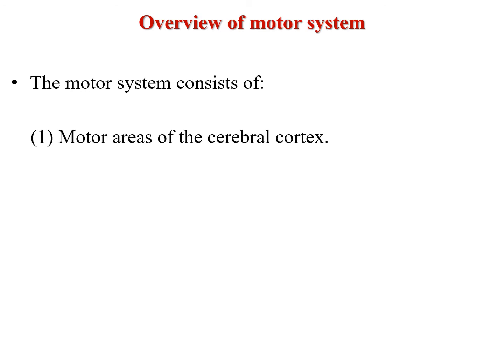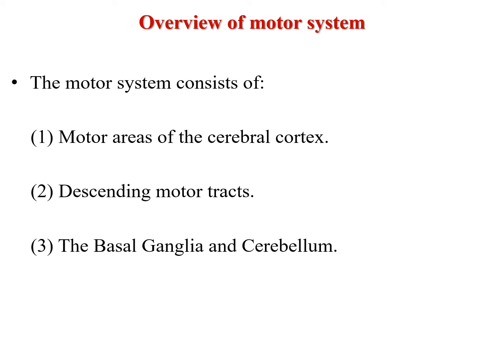To begin with, let's have an overview of the components of the motor system. So what are the different components that make up the motor system? The most important and the highest center of motor control of the human body is obviously the motor areas of the cerebral cortex. From these motor areas, descending motor tracts ultimately reach the lower motor neurons to execute the motor activities.